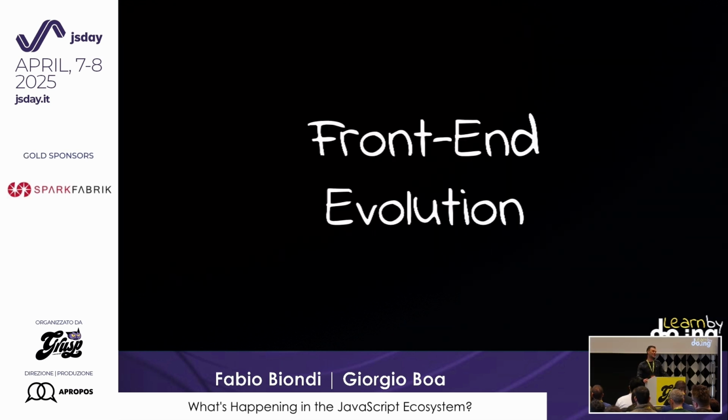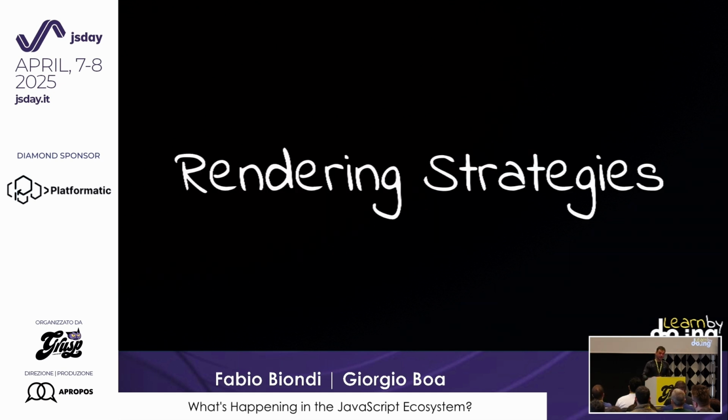So this is the reason why we often use front-end frameworks that help us to create complex UIs and improve performance. And the main effort we can notice in the latest years of these frameworks is that they are focused on improving all the rendering strategies and on new rendering strategies.